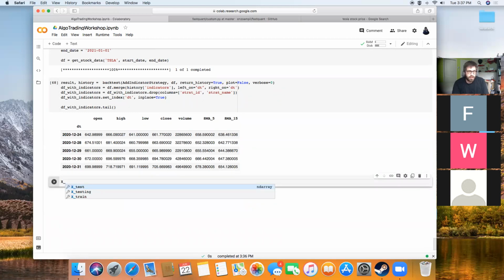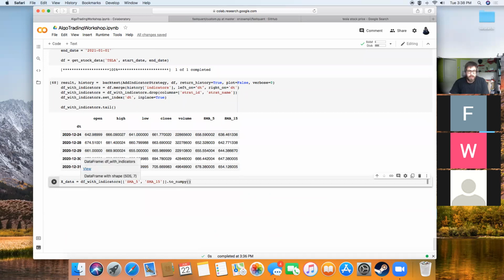So I'm going to get the data here. Let's just call it data. And basically, from here, I'm going to take the SMA 5 and the SMA 15 and convert this to NumPy.